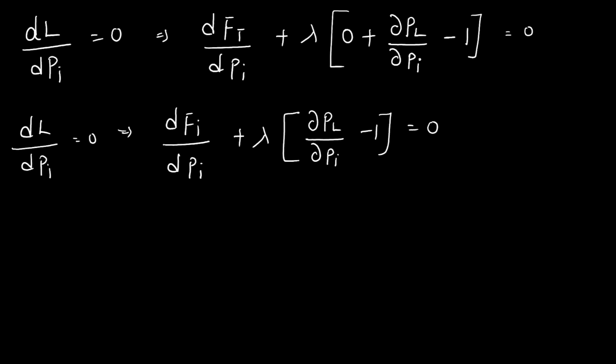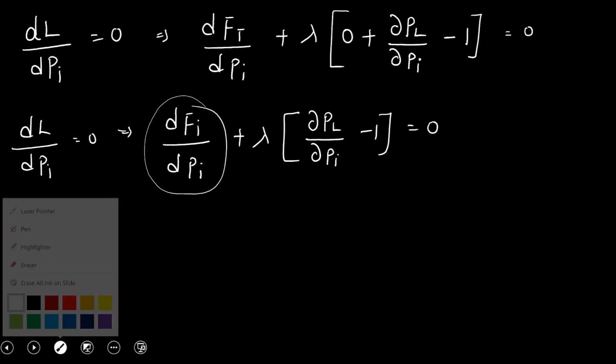This is the condition for minimization. So here we know what is dFi by dPi. dFi by dPi is the incremental cost of the ith unit. Lambda is the Lagrangian multiplier. And dou PL by dou Pi is the incremental transmission loss of the ith unit.